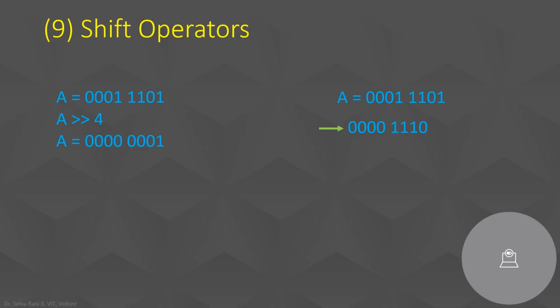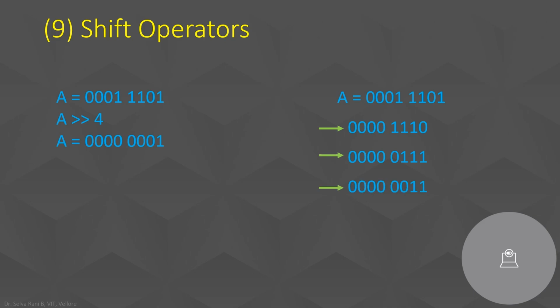And let's do the same for right shifting. So a is equal to 00011101. During the first shift, the rightmost 1 would be dropped, and we'll have a newly added 0 on the leftmost side. During the second shift, the rightmost 0 would be dropped off, and all the bits are shifted towards the right with a padded 0 on the leftmost side.